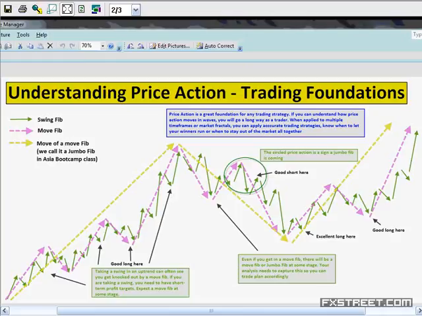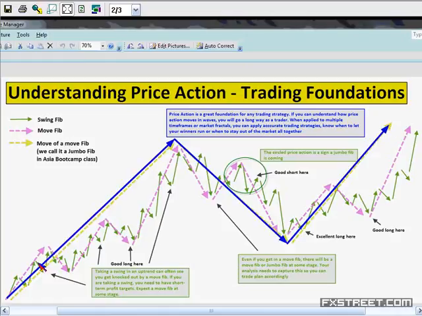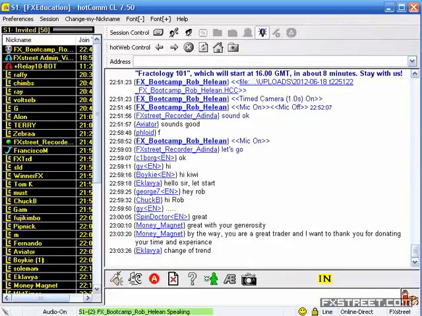Therefore, when you look at a daily candle or swing, I should say, it's very important to understand that a daily swing in most cases will be made up of what on a 4-hour chart? Can anyone tell me? No worries, Money Magnet.